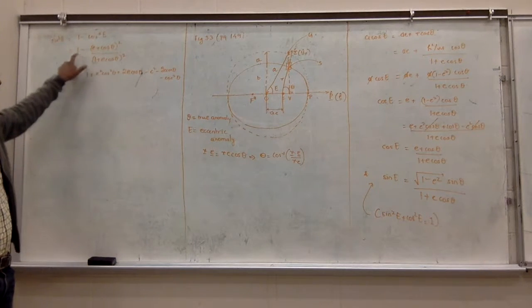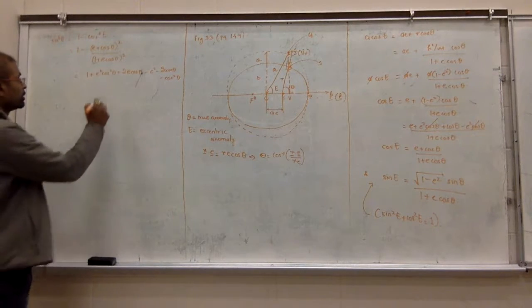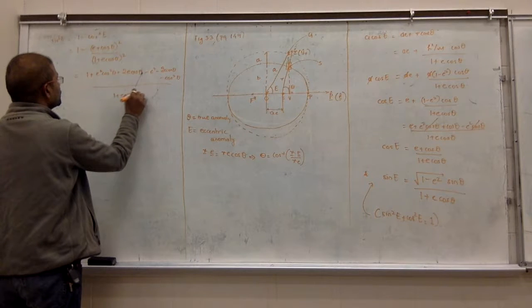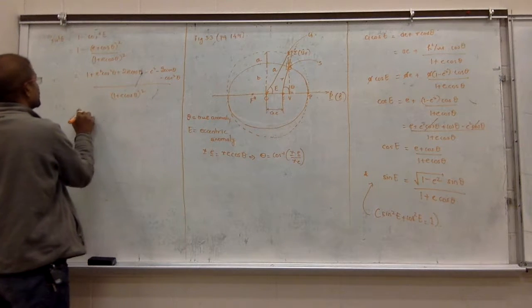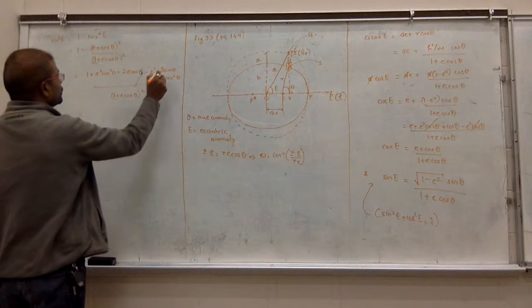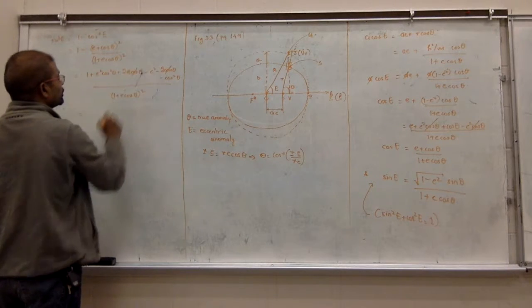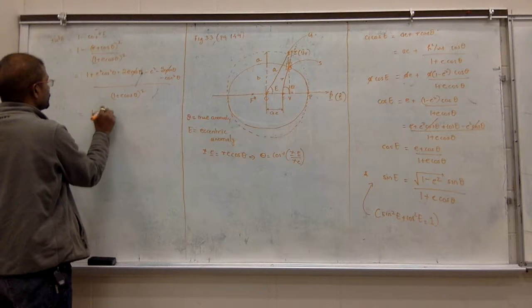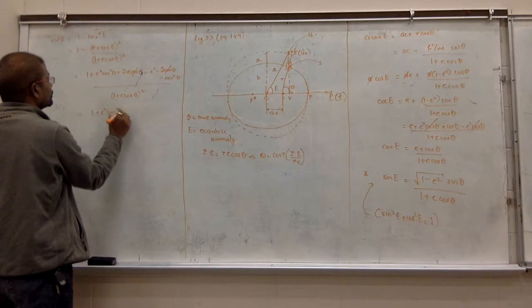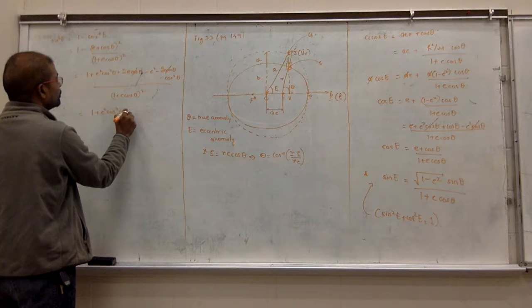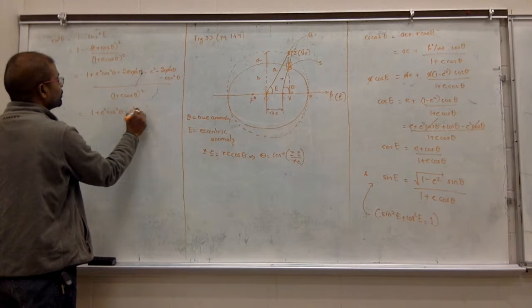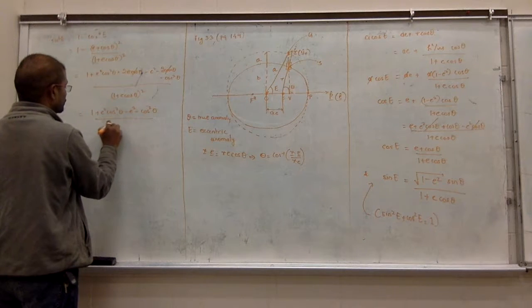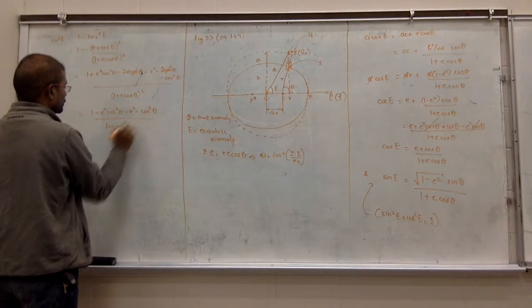I've expanded this, divided by 1 plus e cosine theta square, right? So 2e cosine theta cancels out, okay? And you have 1 plus e square cosine square theta minus e square minus cosine square theta, divided by 1 plus e cosine theta.